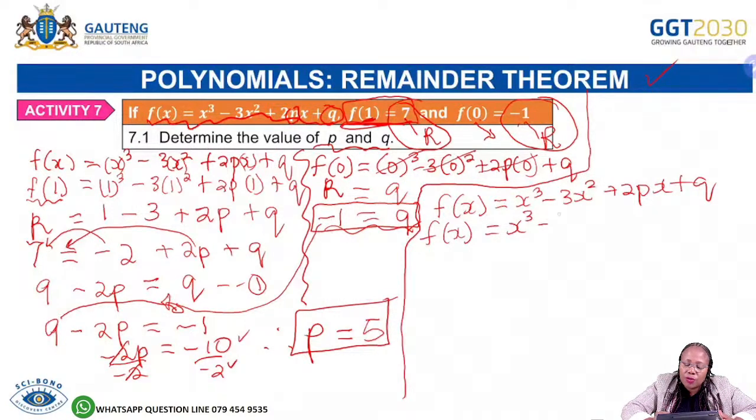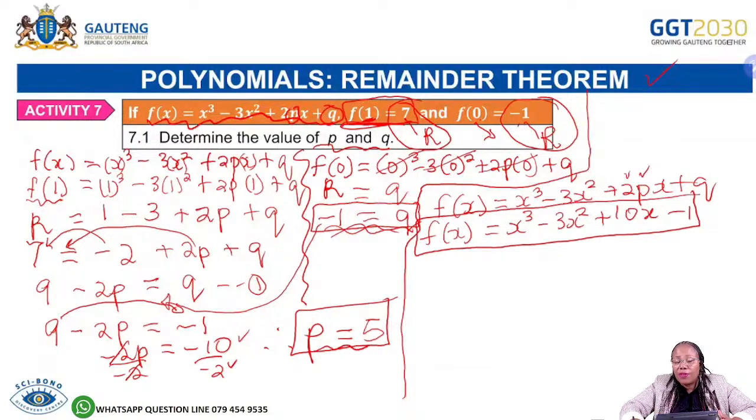That is x cubed minus 3x squared plus 2p. p is 5. It will be 5 times 2 there. That will be 10x. And then q is minus 1. That means that is the correct cubic equation of that function. Okay. Moving on.